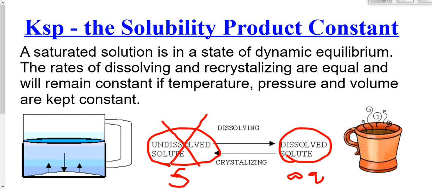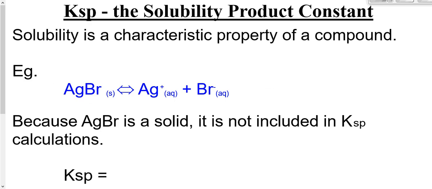So our math gets infinitely simpler. Look at this solubility balanced equation. Suppose we were dissolving some solid silver bromide. Silver bromide doesn't dissolve very well in water. In fact, it's considered typically very insoluble, so only a very tiny amount of it will dissolve.